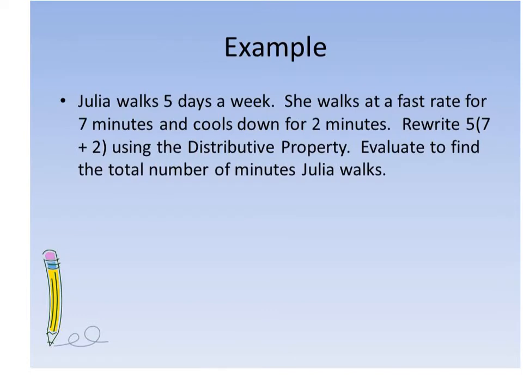So Julia walks 5 days a week. She walks at a fast rate for 7 minutes and cools down for 2 minutes. Rewrite 5 times (7 plus 2) using the distributive property and evaluate the total number of minutes. So to begin with, we're going to do this intermediate step when we rewrite it, and we know we're going to distribute, we're going to say 5 times 7 plus 5 times 2.